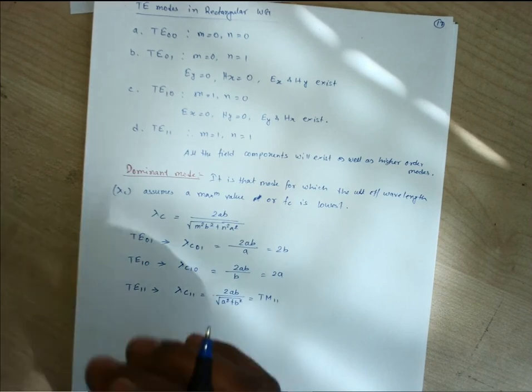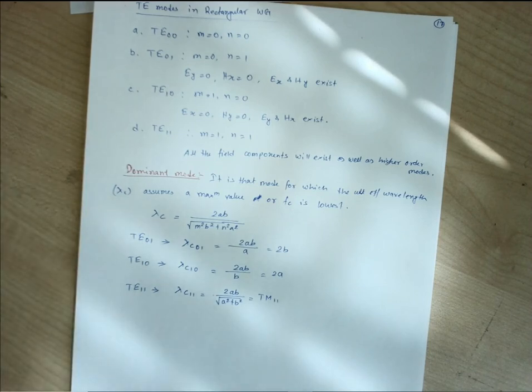Now after that we will have other values, other modes also we can consider, but let us check up to this whether we can have the highest wavelength or the lowest frequency of operation.